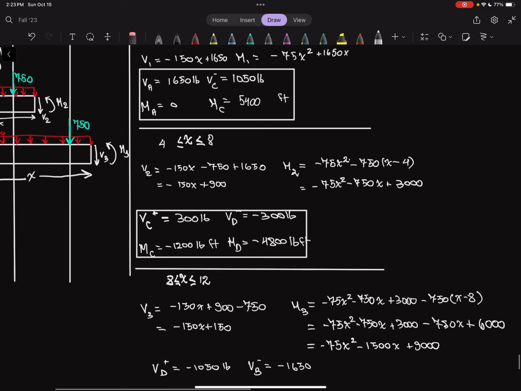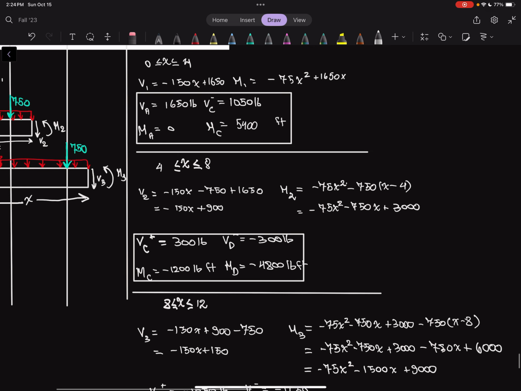And so that's going to change here as well, because we're also going to have a plus 1650x. So 1650 minus 750 is going to be 900 over here, positive 900.